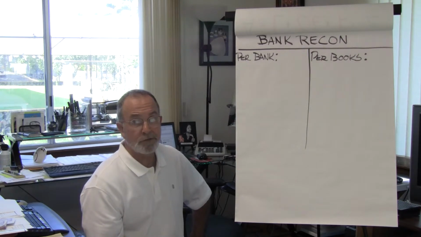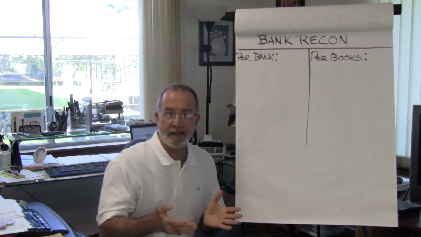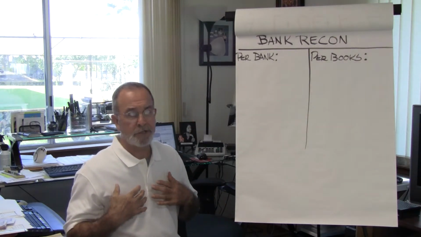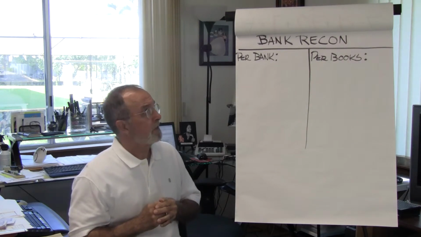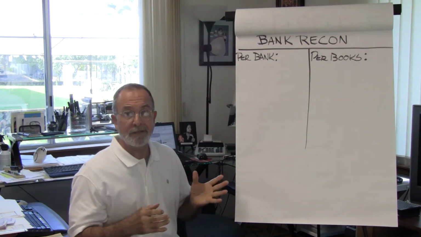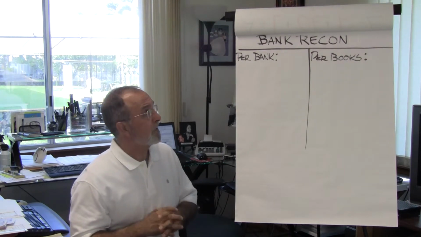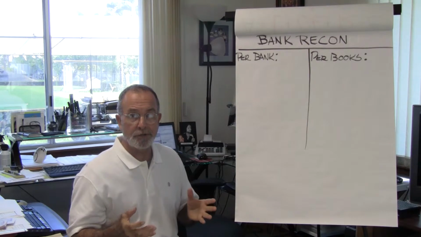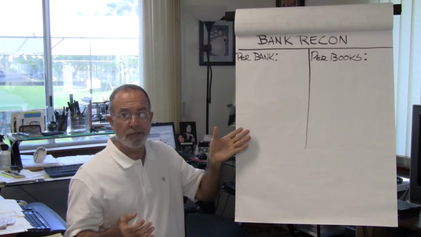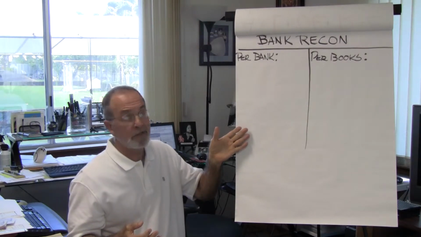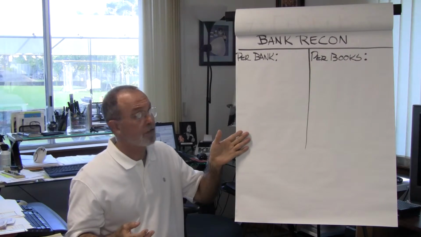So the bank is going to charge us some service fee for their handling our checking account and all the transactions that are involved. The bank would actually deduct that charge from our account, and it would show that charge on our bank statement and send it out to us at the end of the month.